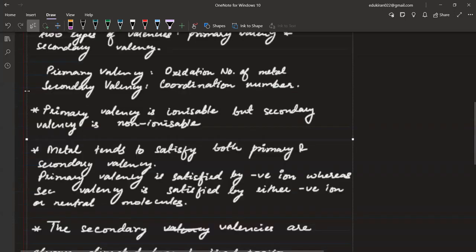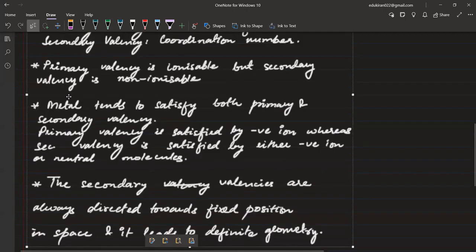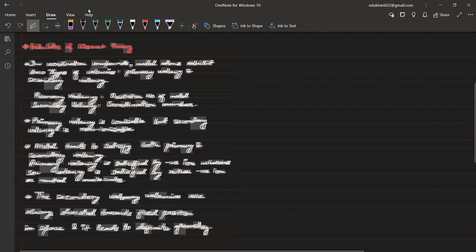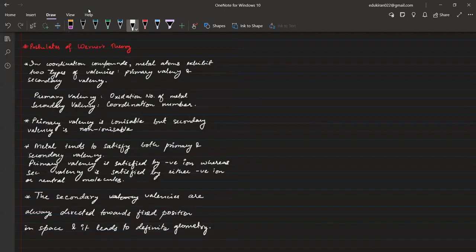Okay, so just take a screenshot of these postulates of Werner's theory. These are the points that we just discussed here, right? In coordination compounds, the metal atom exhibits 2 types of valency: primary valency and secondary valency. Primary is the oxidation state of the metal. Secondary valency is known as the coordination number. Coordination number is the same thing, that is how many coordinate bonds that particular metal is making. So primary valency is ionizable, but secondary valency is not ionizable.